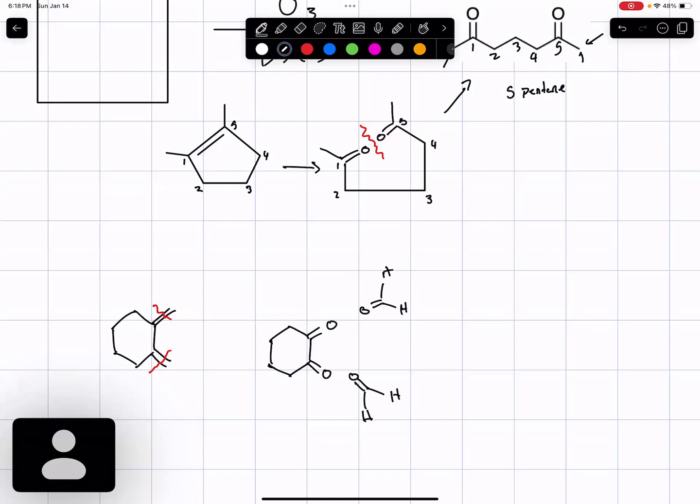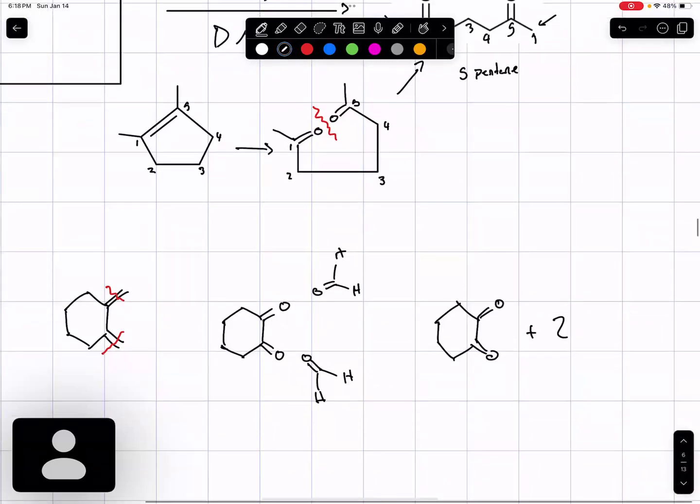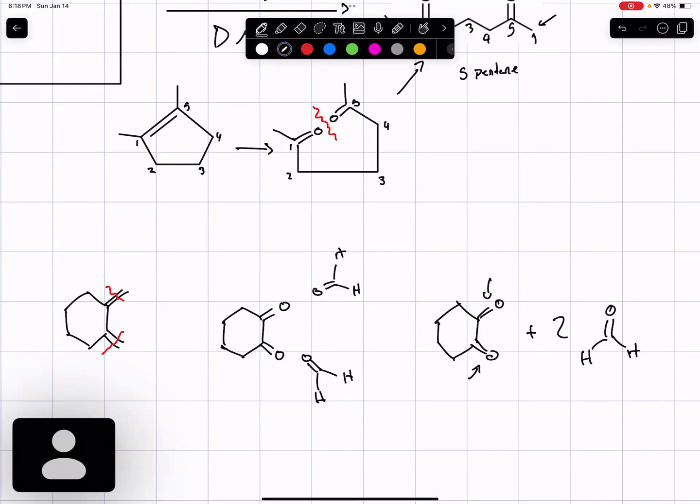And so here, if I showed you that this formed this product after ozonolysis plus two aldehyde molecules, it's pretty clear that these two were first alkenes. They are cyclic, but this part isn't necessarily cyclic. Does that make sense? Yeah, it makes sense.